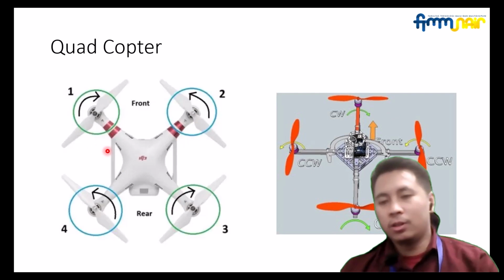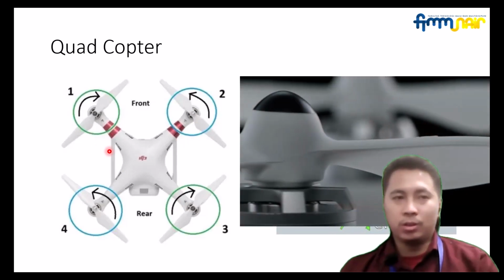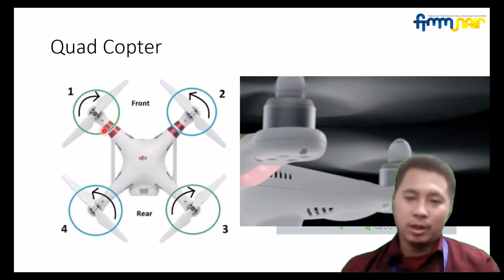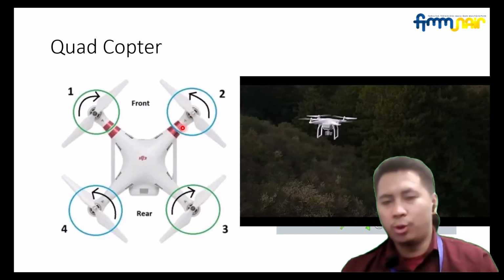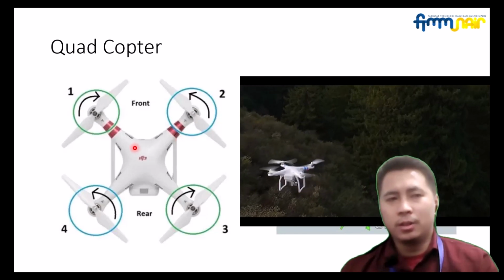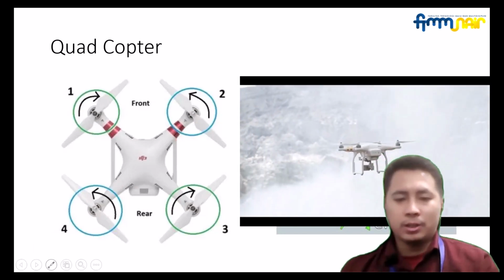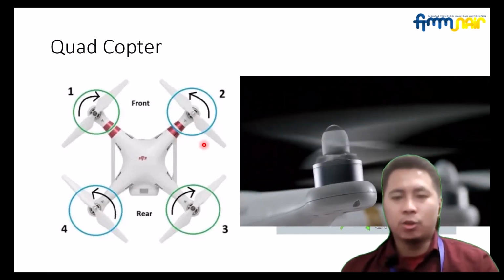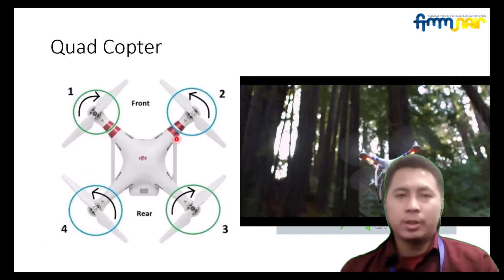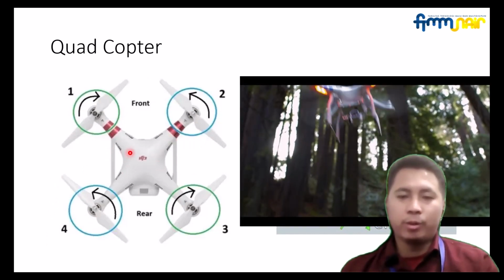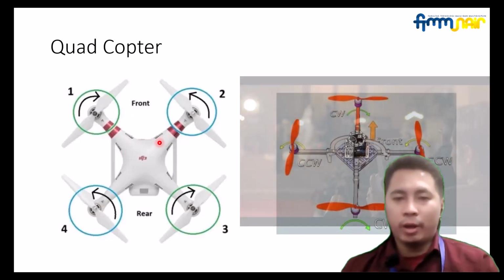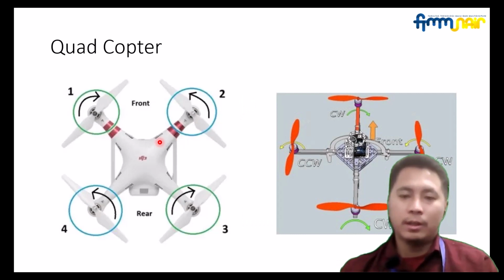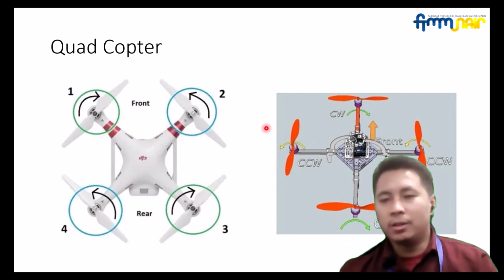Two motors rotate clockwise and the other two rotate counterclockwise, to create opposite force to stay balanced. The X config is more popular as you can keep the propeller out of the camera view, because you can put the camera in the front, and it's really nice to have the view not covered by the rotor itself.